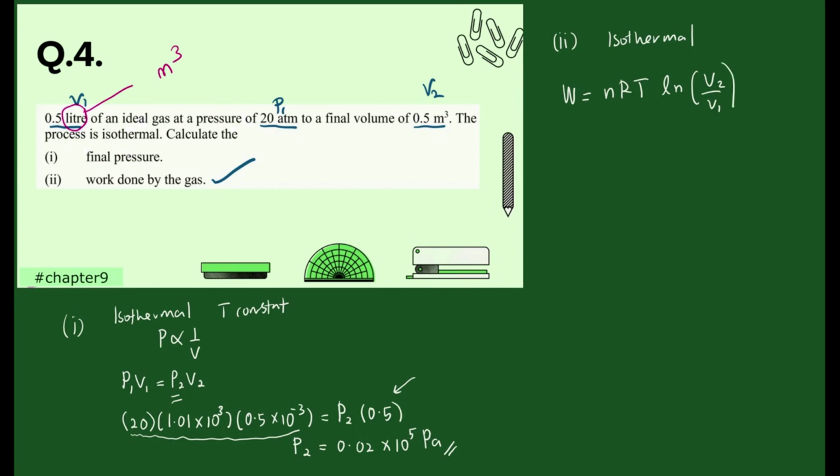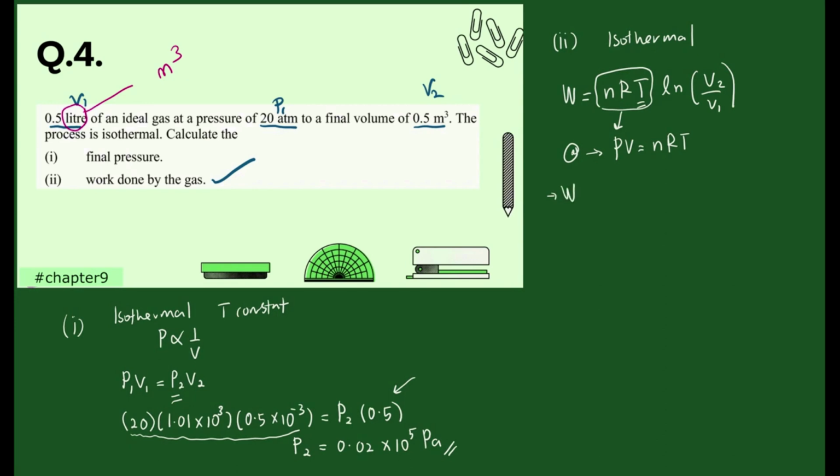But in this case we don't have the value of temperature, so bear in mind that we have the ideal gas equation PV is equal to nRT. So this term nRT can be written as PV.